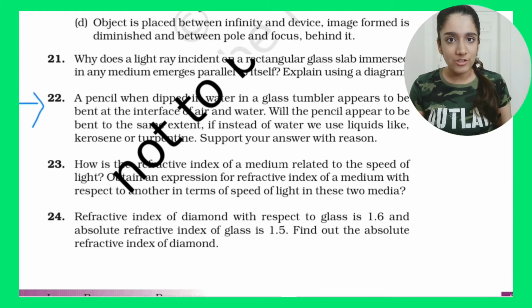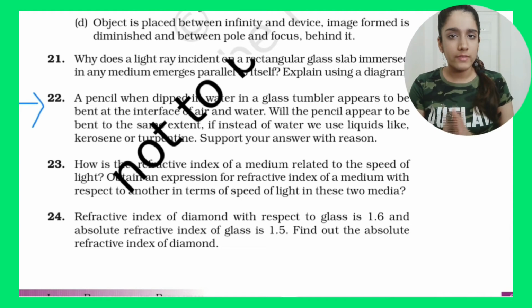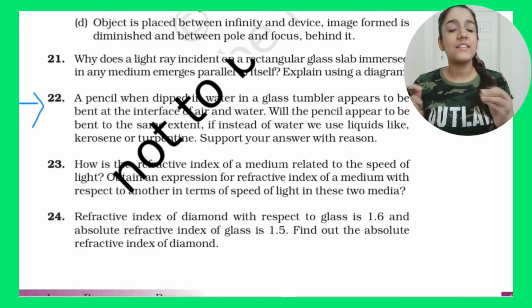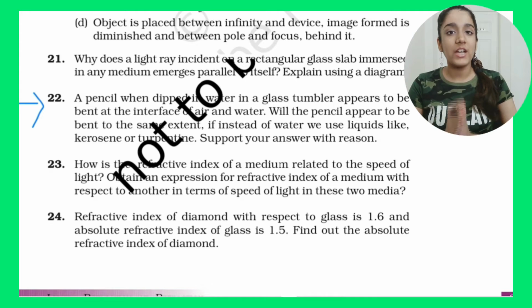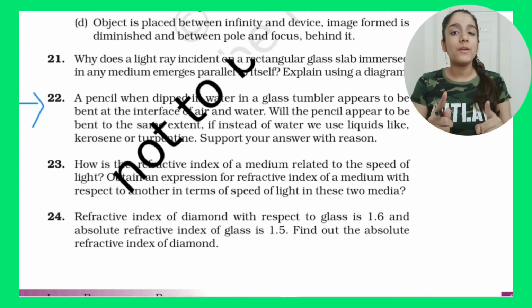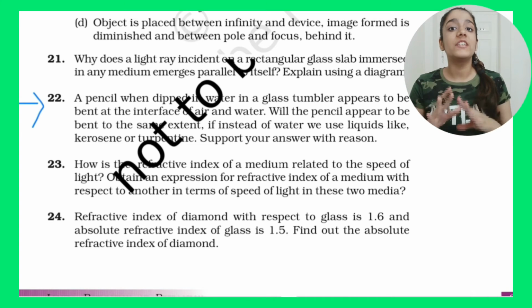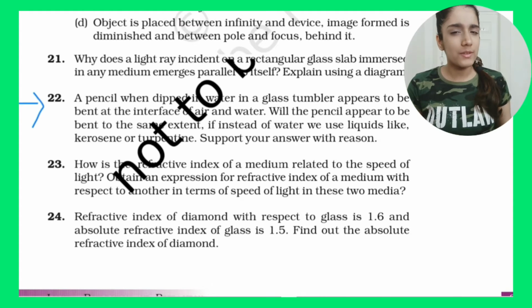It's common logic, and we learnt about this in the refractive index concept, that when a light ray is coming from one medium to another medium, its speed will change, right? So the extent of bending will not be the same. Why? Because the light ray is entering from air to a different medium with different refractive indices, and it will bend according to its varying speeds, right? So this was quite a simple one.